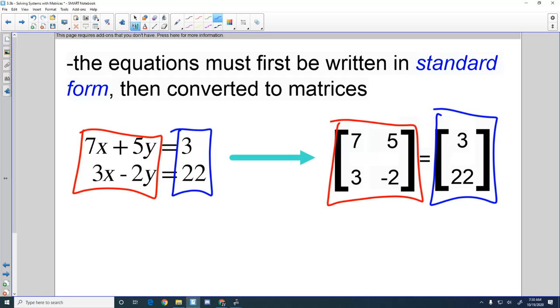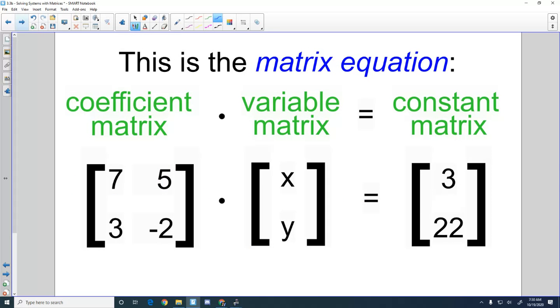Now there's one more matrix we need. Do you remember what that third one was called? Variable matrix. Yes, that's right. Good job, class. The variable matrix goes right in the middle, and this is what our matrix equation is going to look like. This is how you convert a system of equations into a matrix equation.